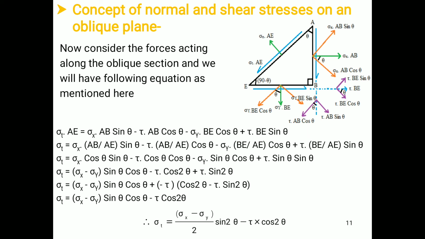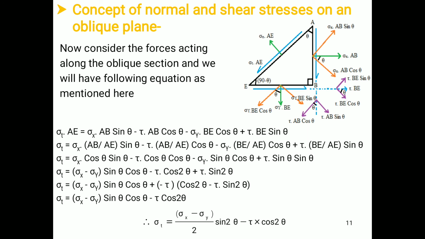Again dividing this equation by AE, we will have sigma t is equal to sigma x into AB upon AE sin theta minus tau into AB upon AE cos theta minus sigma y into BE upon AE cos theta plus tau into BE upon AE sin theta.